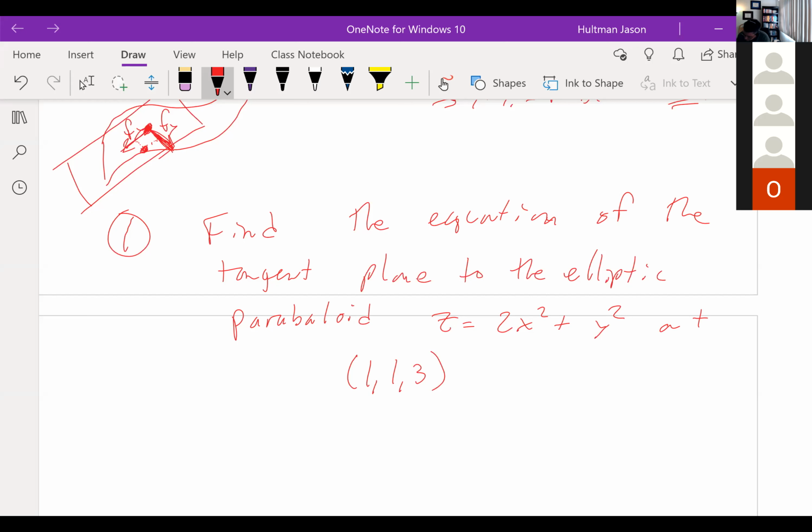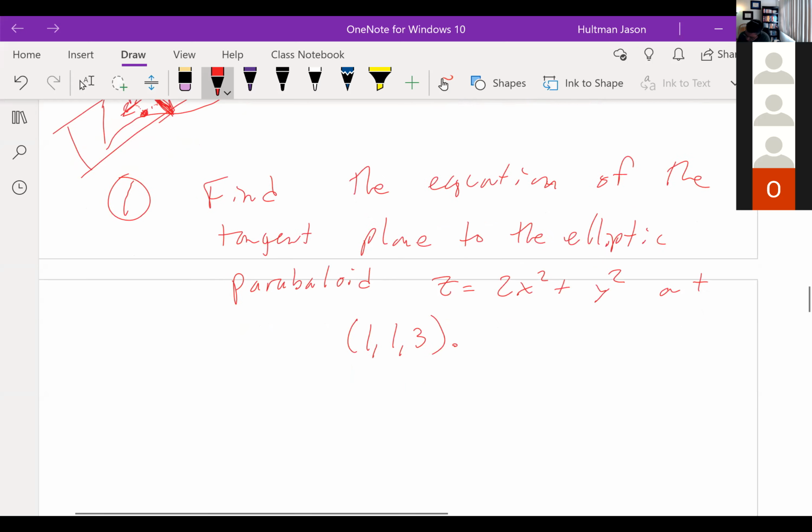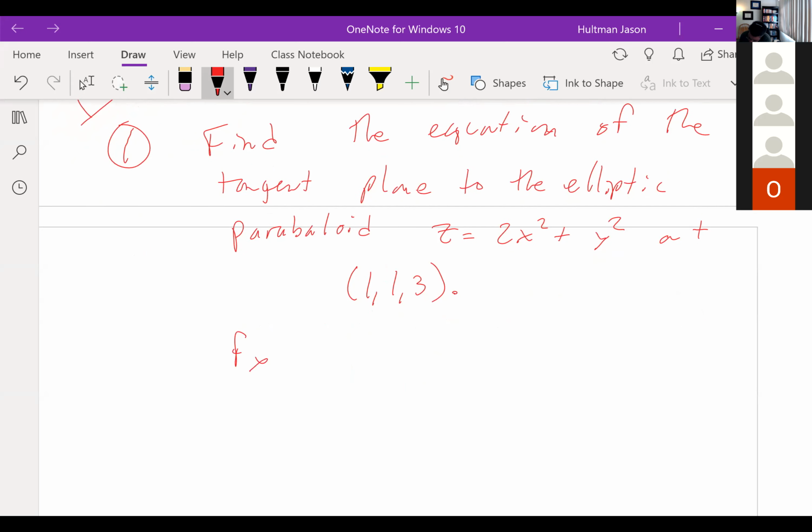Okay, so let's find the equation of that. So what do we have to do? We have to do the f sub x, which is going to be equal to 4x. F sub y equals 2y. So at this point, when x is equal to 1, f sub x at 1, 1 is equal to 4, and f sub y at 1, 1 is equal to 2.